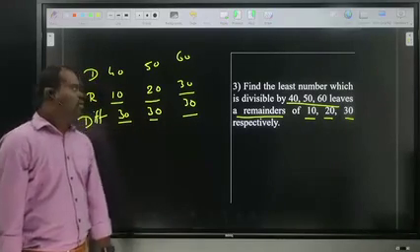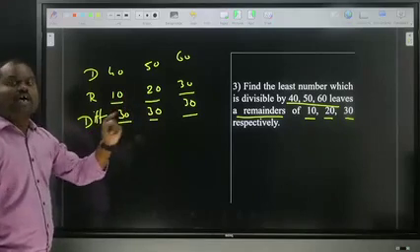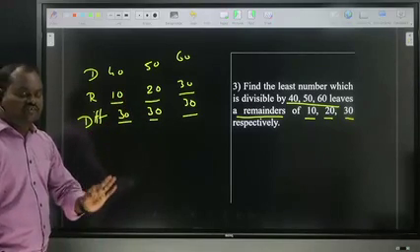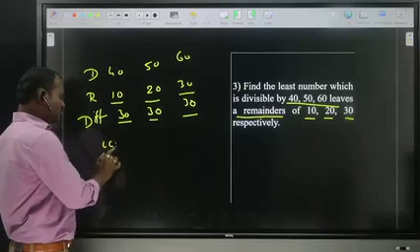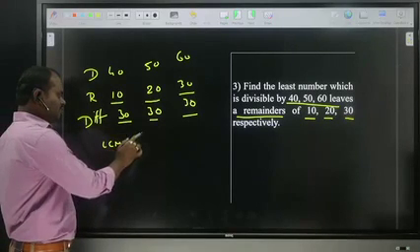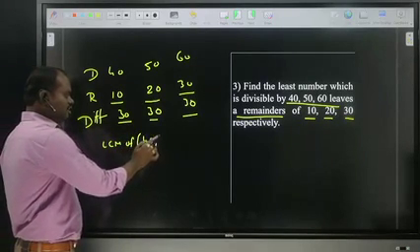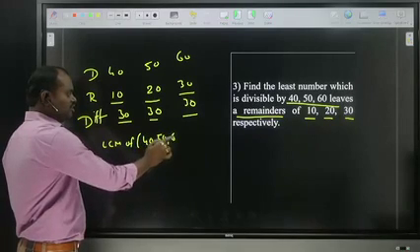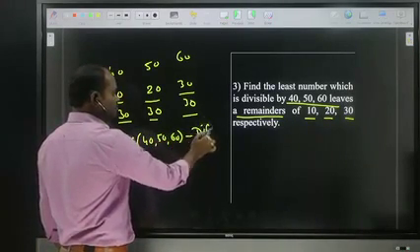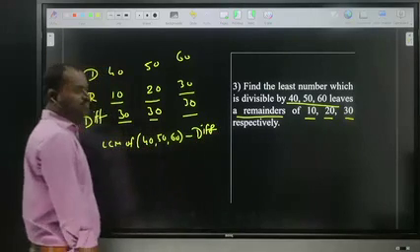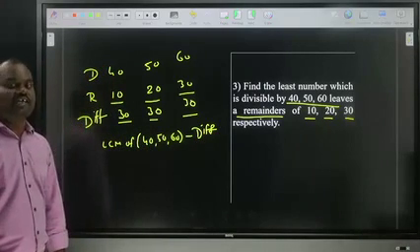Whenever the remainders are different, the approach is the LCM of the given numbers minus the difference. From the LCM, we should subtract the difference.